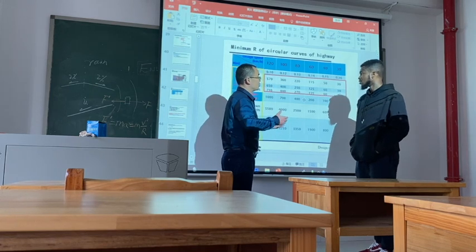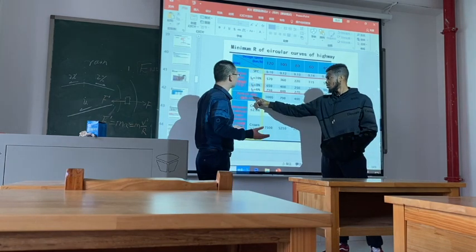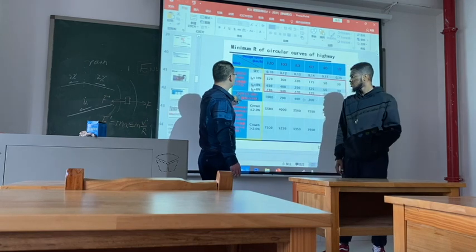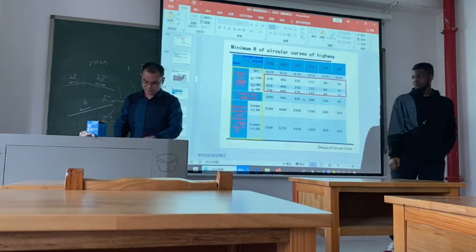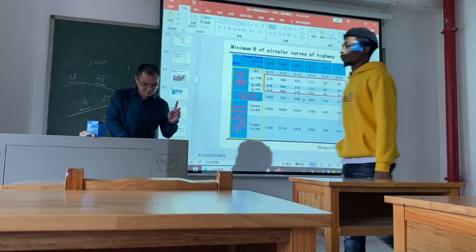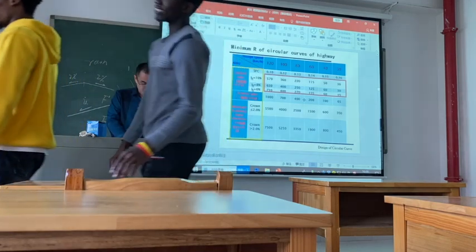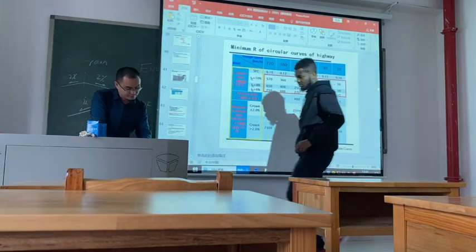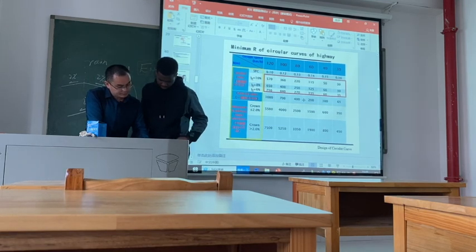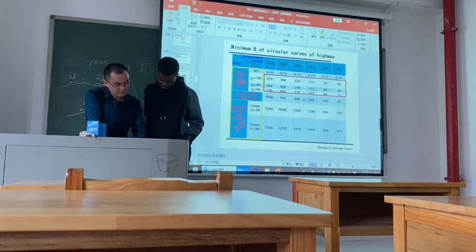Lateral slip. General value. For the general value, IH is 6% to 8%.